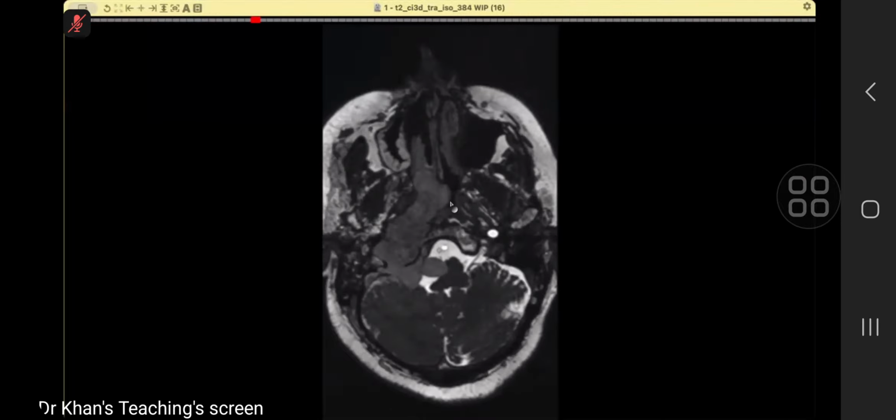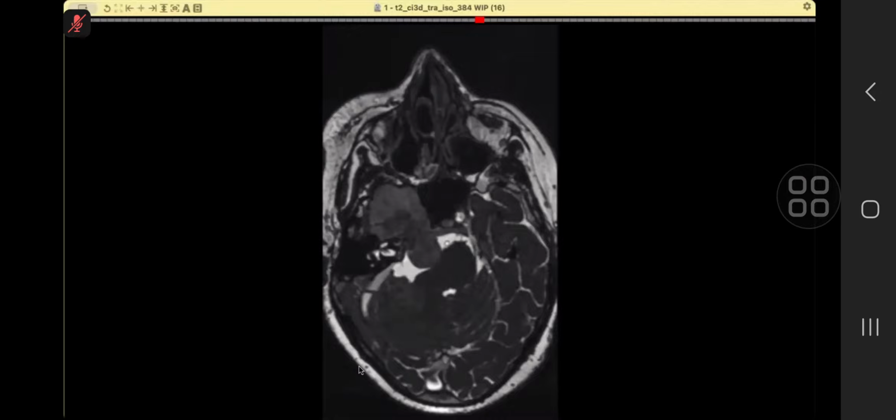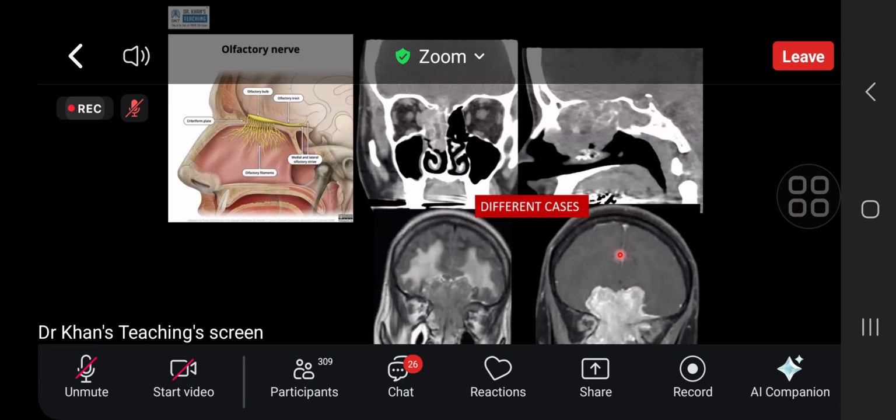So this is a brilliant case to learn so many things. So this was actually a nasopharyngeal carcinoma. The epicenter, of course, will be debatable, but nasopharyngeal carcinomas can do this kind of behavior where they go anteriorly, posteriorly, intracranially.